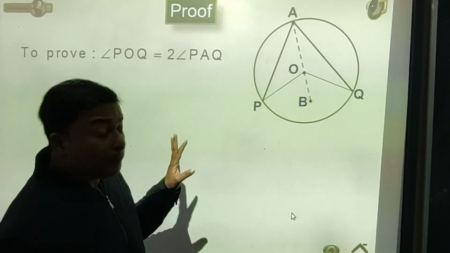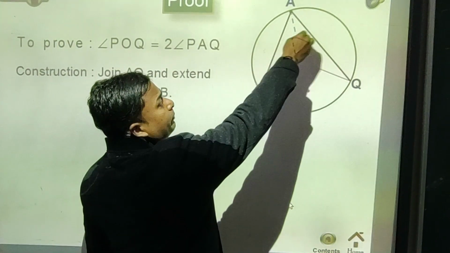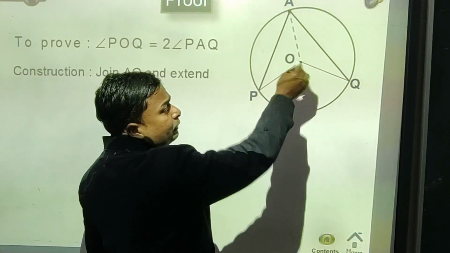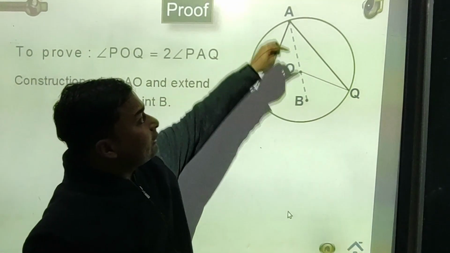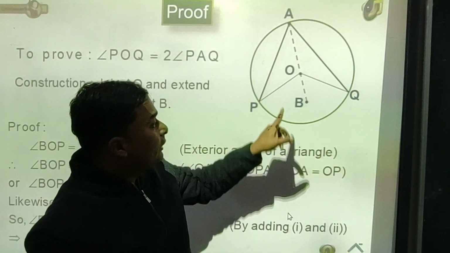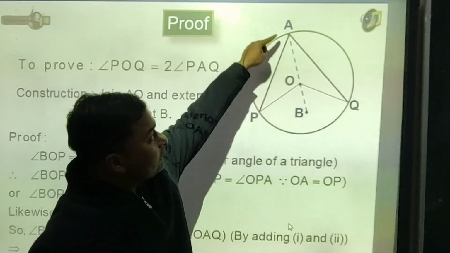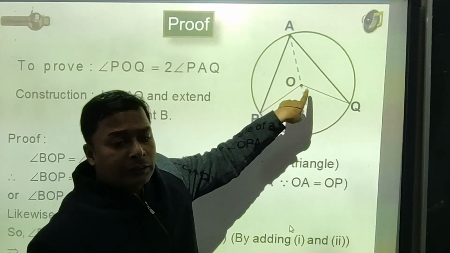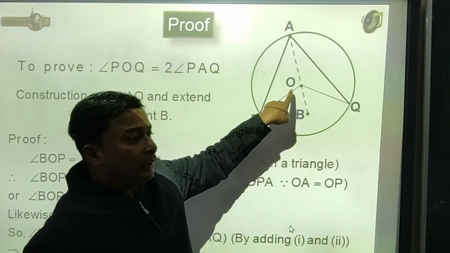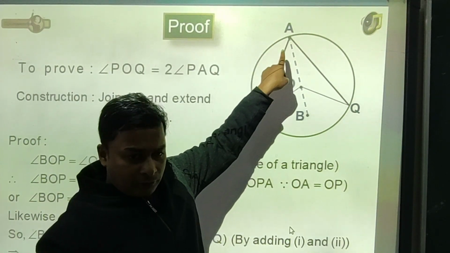Now we will learn the proof of the same theorem, that the angle at the segment is half of the angle formed at the center. You can see that we will produce AO up to B. Here this angle is working as an exterior angle, and triangle APO is an isosceles triangle because OP and OA are both radii of the circle.